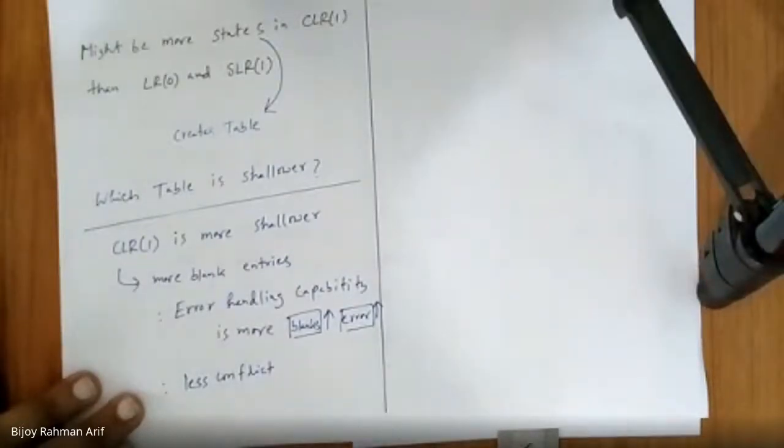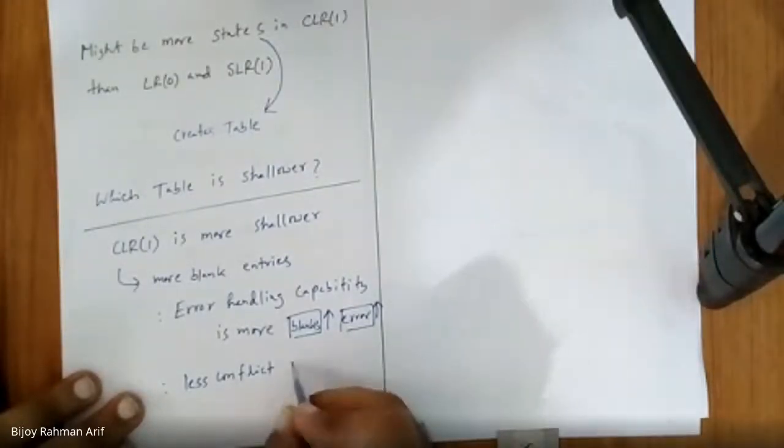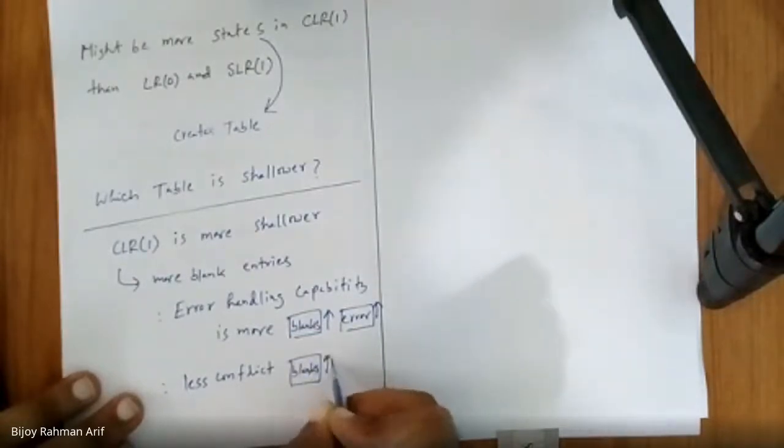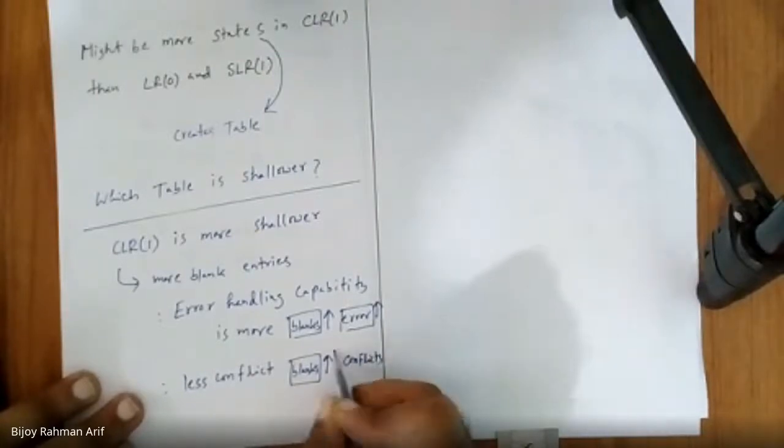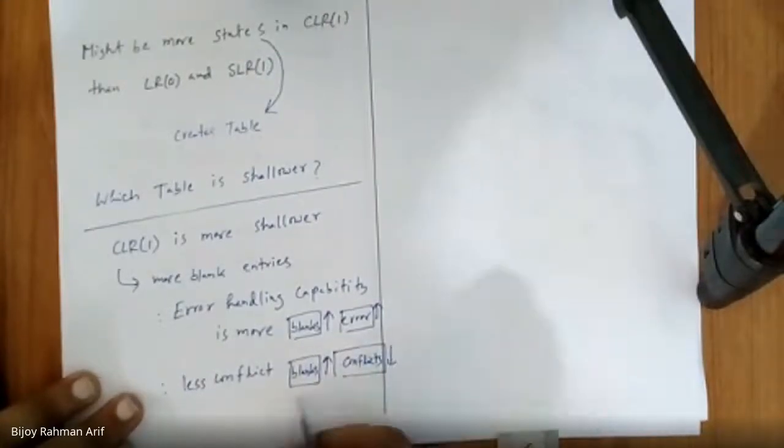Less conflicts, okay? Because more blanks means fewer conflicts. It is inversely proportional.